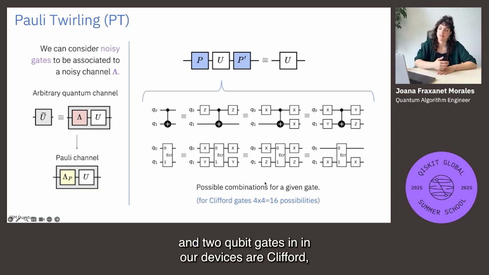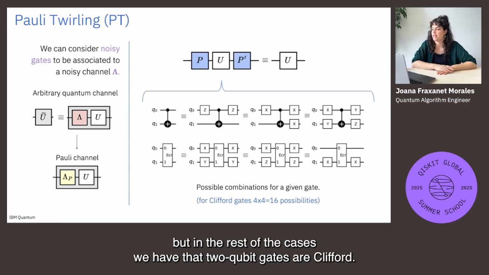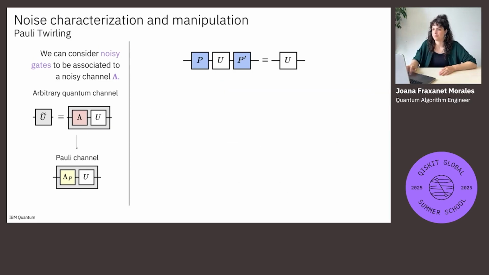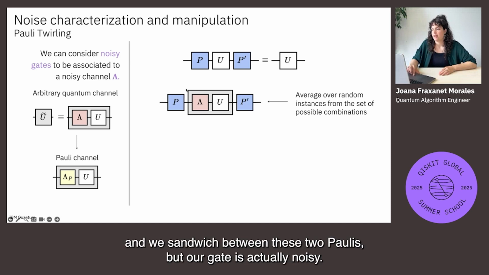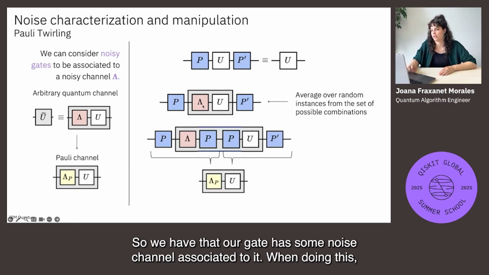And 2-qubit gates in our devices are Clifford in most cases, not when we're implementing fractional gates, but in the rest of the cases, 2-qubit gates are Clifford. So we're going to have 16 possibilities. Now we take our gate and we sandwich it between these two Paulis, but our gate is actually noisy, so it has some noise channel associated to it.